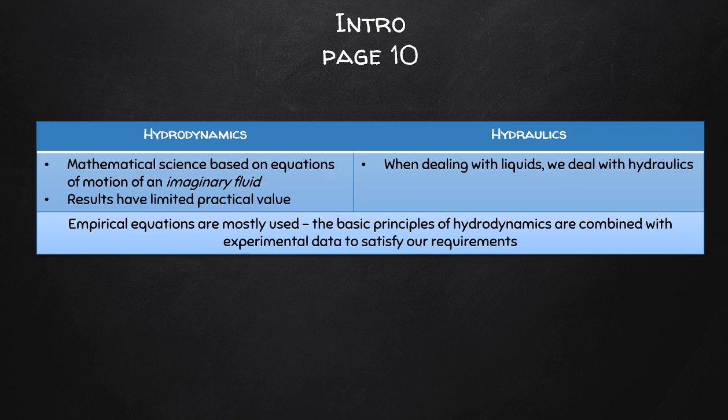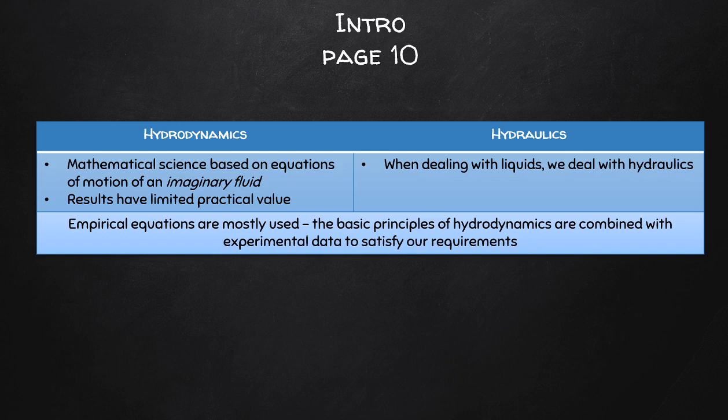So, to begin, let's first look at the differences between hydrodynamics and hydraulics. Now, hydrodynamics is a science that is typically based on describing fluid motions using imaginary particles or systems, the results of which have some application but very little practical value to us as engineers. Hydraulics, on the other hand, is a very specific form of hydrodynamics that deals with liquids only.